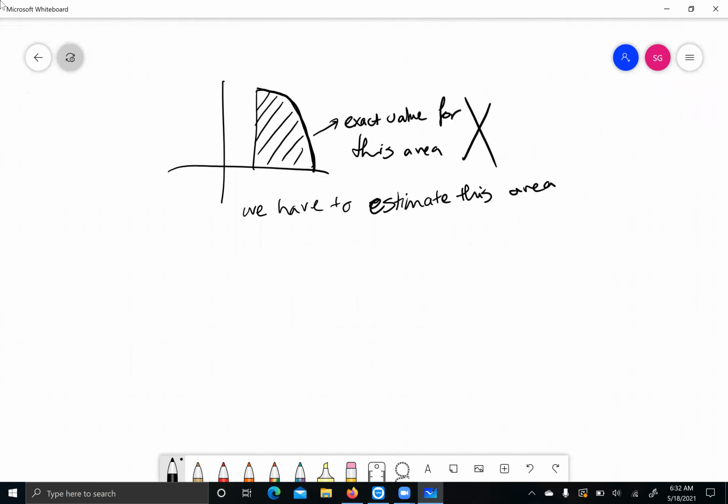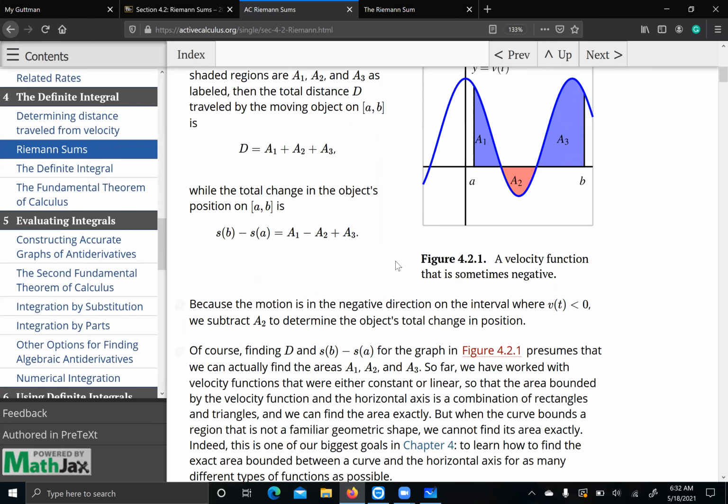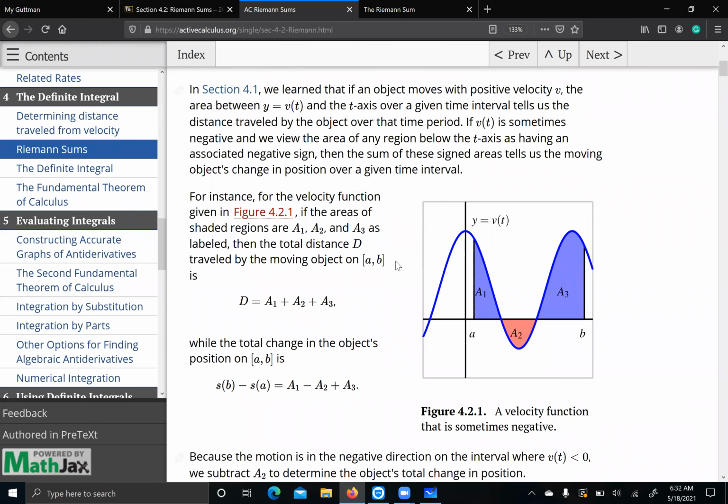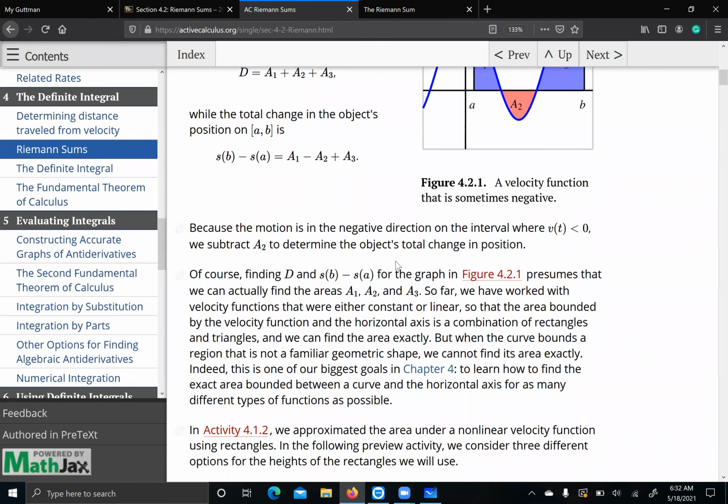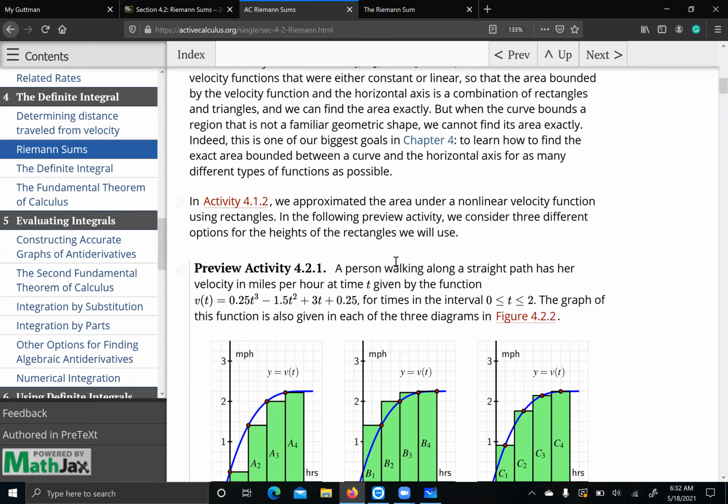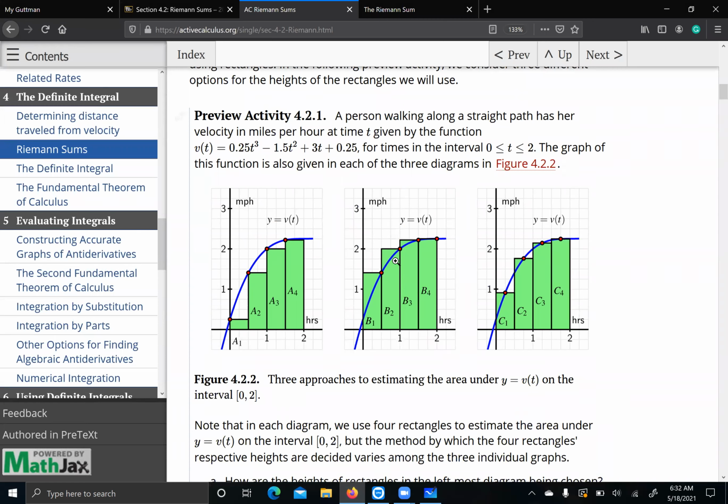We have to use those in order to estimate the area of this region. So the idea is we need to compute areas that we don't have a formula for, and for that reason, we are going to estimate those areas using, in particular, rectangles.